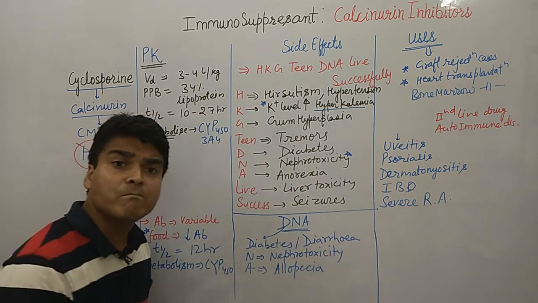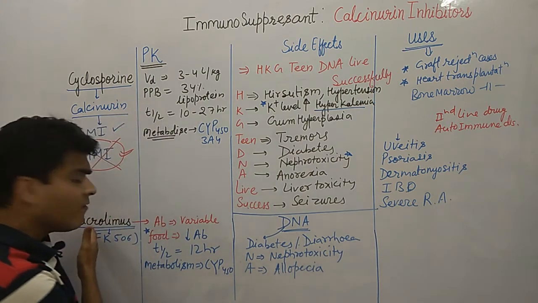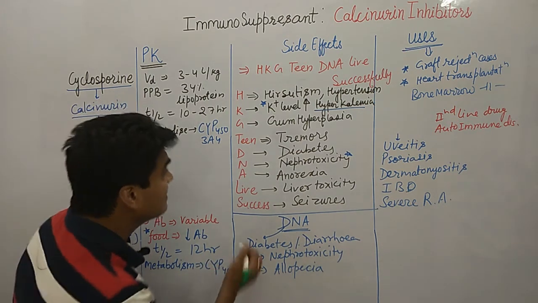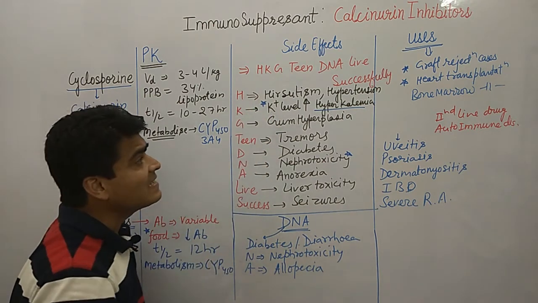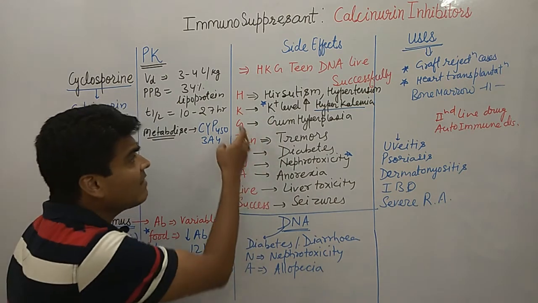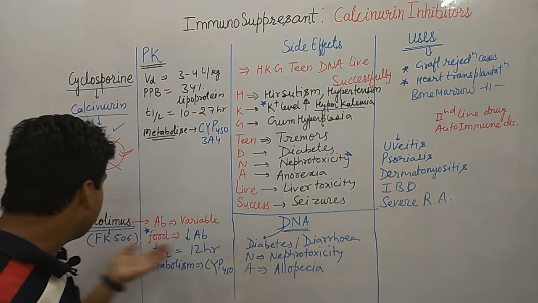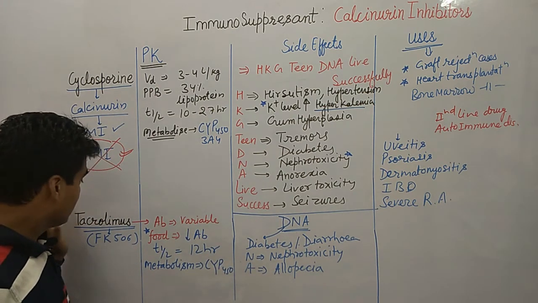So these are the major adverse events of tacrolimus, but it causes lesser hirsutism, lesser hyperkalemia, and gum hyperplasia, which are very slight. So there are fewer side effects than with cyclosporin.